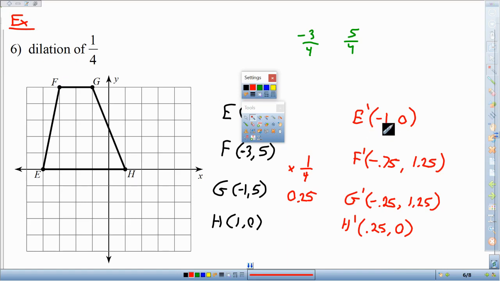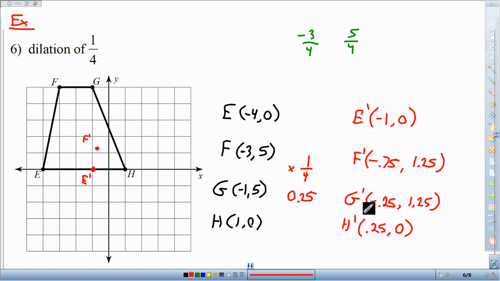E prime, pretty easy, negative 1, 0. So that means to the left 1, up 0. There's E prime. F prime, negative 0.75. 0.75, that's 3/4 of the way. So I'm going to the left. There's 1/2. 3/4 would be right about there. And then up 1 and 1/4. So about right there would be F prime.